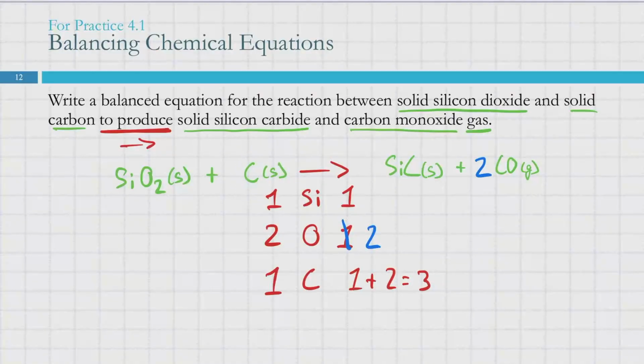We're going to need to add a coefficient of 3 in front of our carbon on the left side. Now we've got 3 on the left, 3 on the right. We can quickly check: our silicon's still 1, our oxygen's 2 on the left, 2 on the right, and our carbons, 3 on the left, 3 on the right. So now we have a balanced chemical equation.